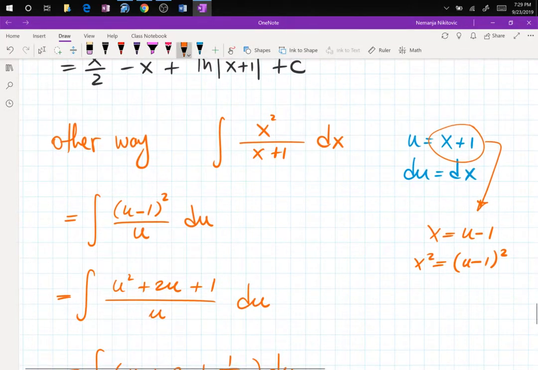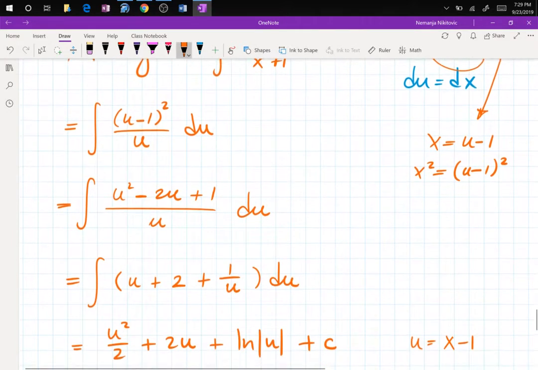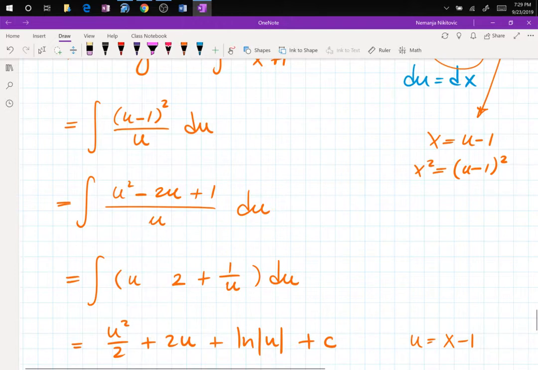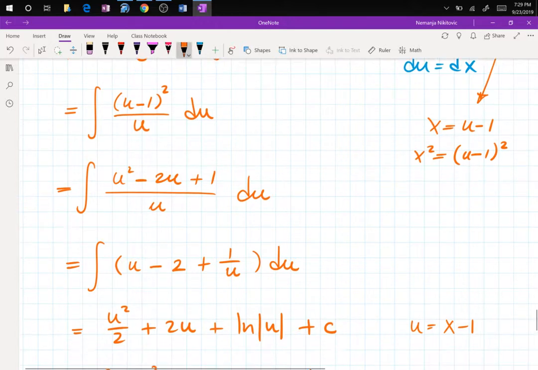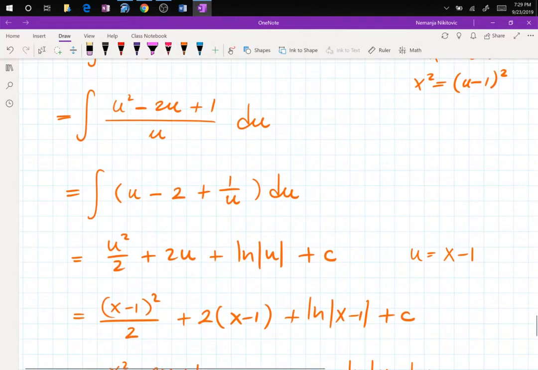Which means that this is a minus, which means that this is a minus, which makes this a minus, which makes this a minus. And these are pluses now, because u is x plus 1.